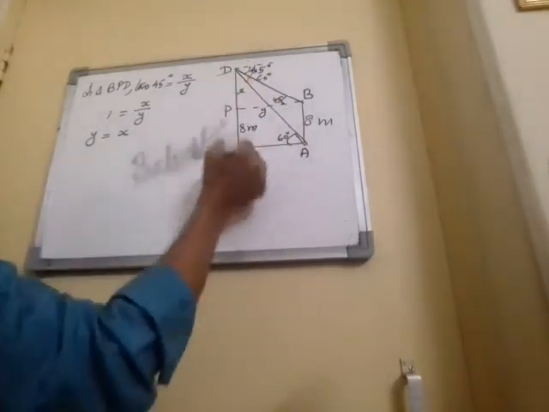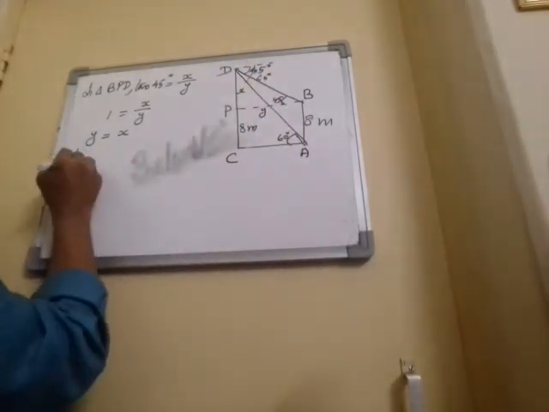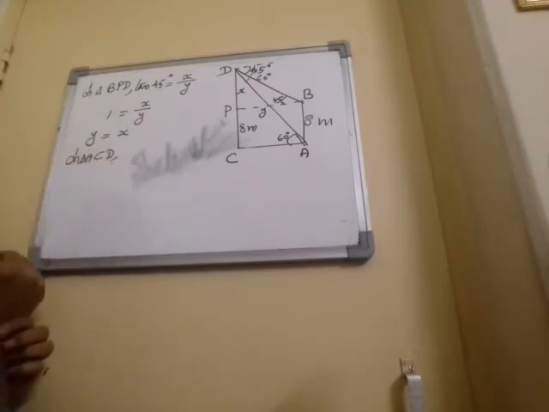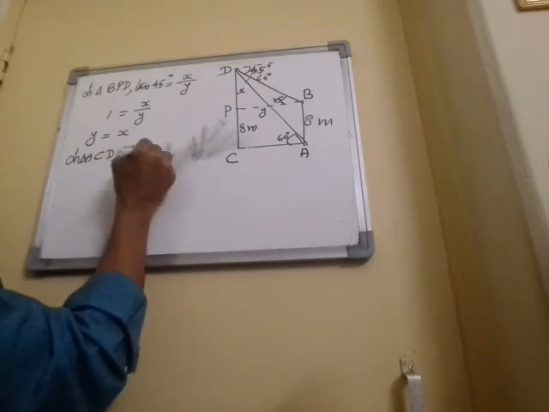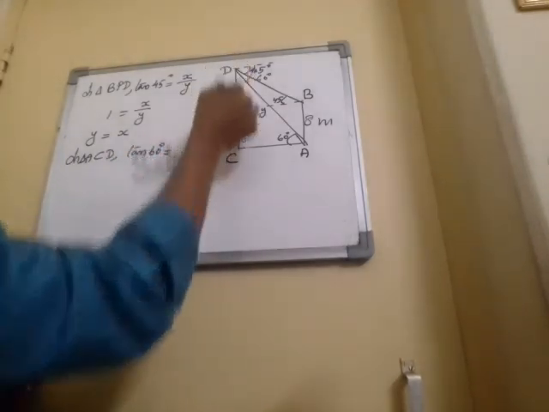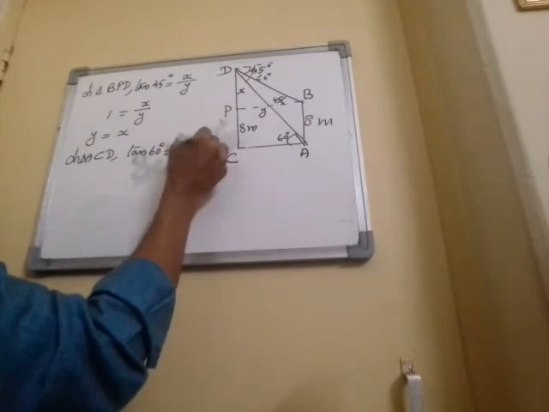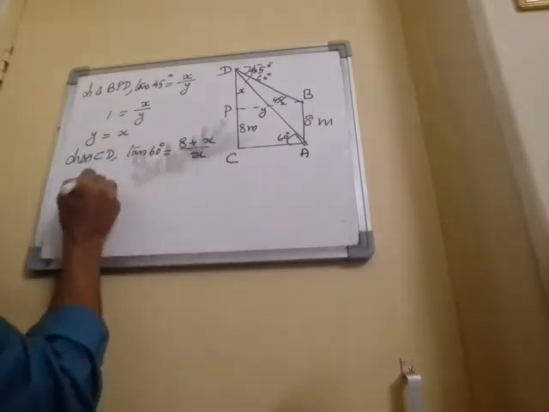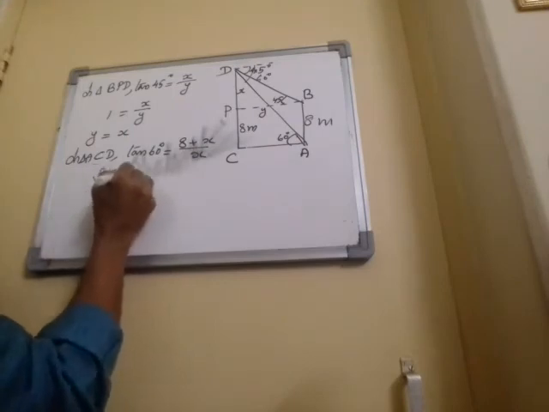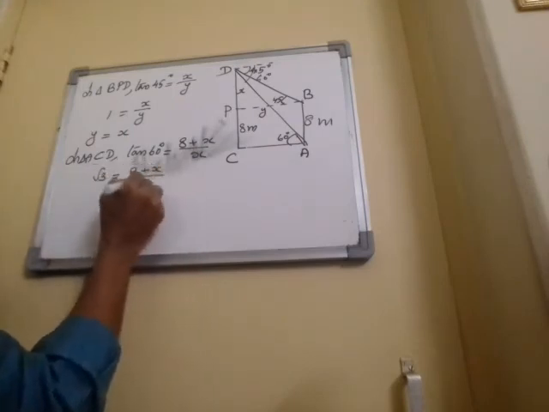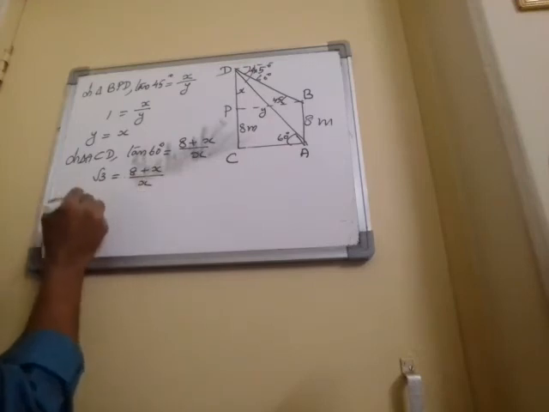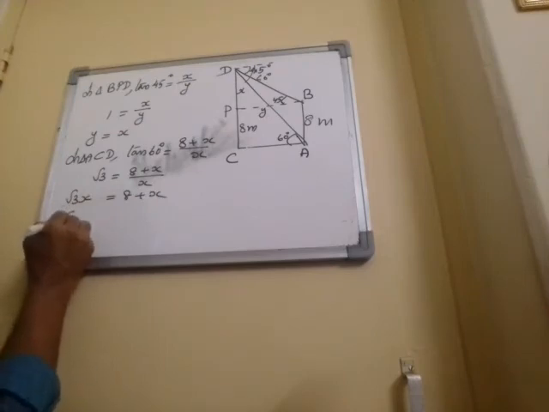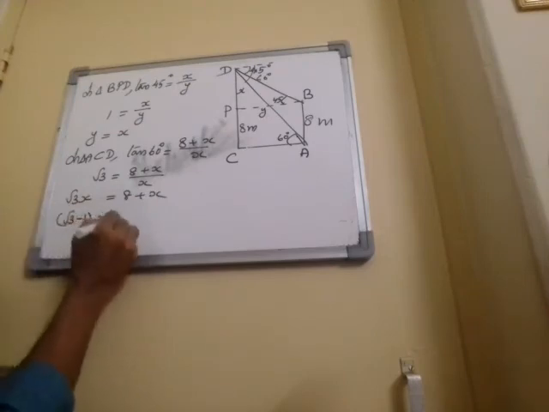Now consider the large triangle, that is in triangle ACD, tan 60, perpendicular is 8 plus X by the base is X. Tan 60 is root 3, so root 3 equal to 8 plus X by X, cross multiplication, root 3X equal to 8 plus X. Bring to the left side, so root 3 minus 1 into X equal to 8.